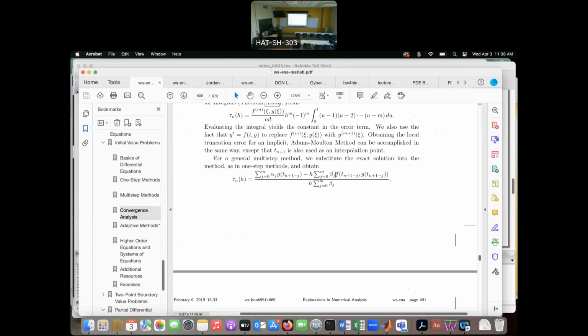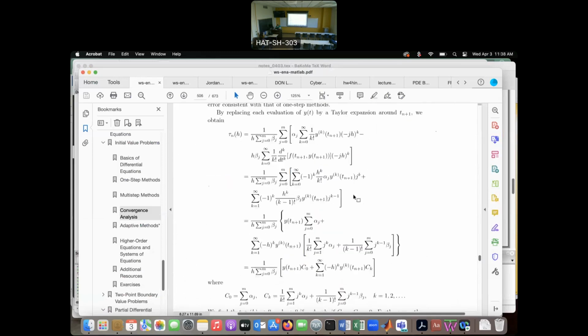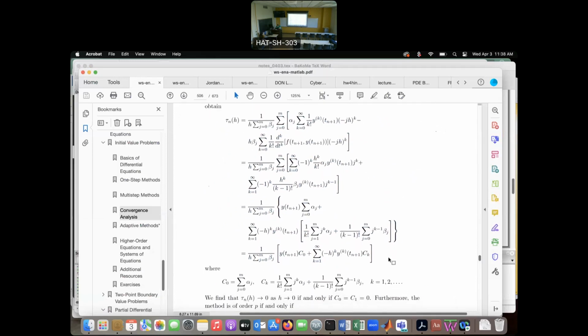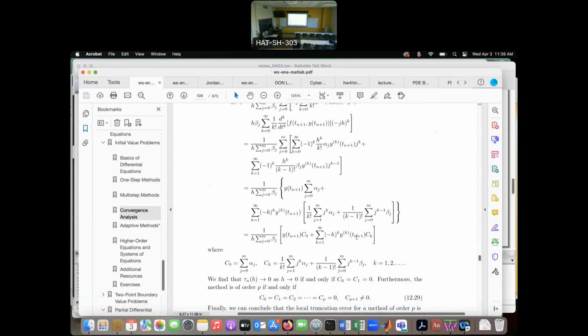And then multivariable Taylor expand these around the corresponding center. And what happens after a lot of calculus and algebra is you end up with this expression here for local truncation error. And you have these constants, the C0, C1, C2, etc., that are defined right here in terms of the coefficients of your multi-step method, your alphas and your betas.